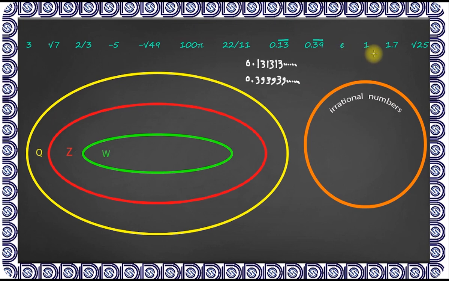Euler's number, 1, 1.7, and the square root of 25.